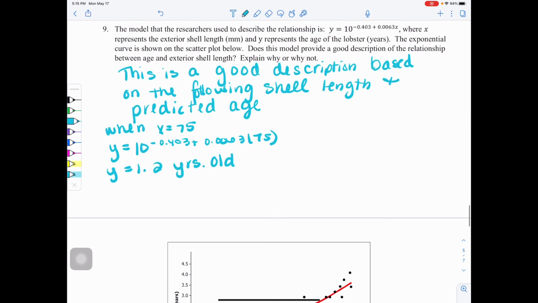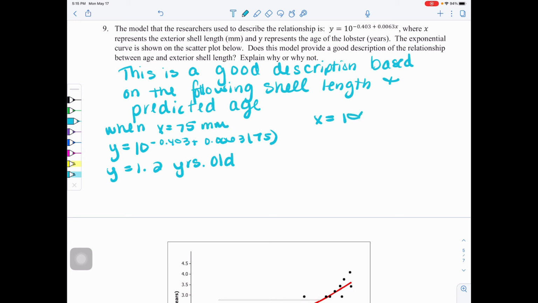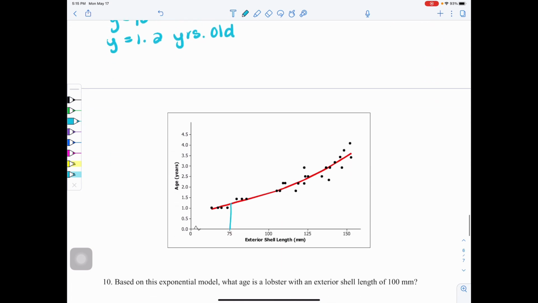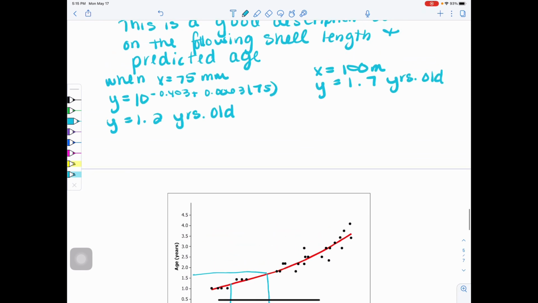So I tried out a couple other numbers as well. I did x equals 100, and we should have had millimeters. That's the units. So 100 millimeters. I plugged that into the equation, and I got 1.7 years old. So if I go find 100, and I follow it up, and I go over, I'm just a little bit above 1.5, which would be 1.7.